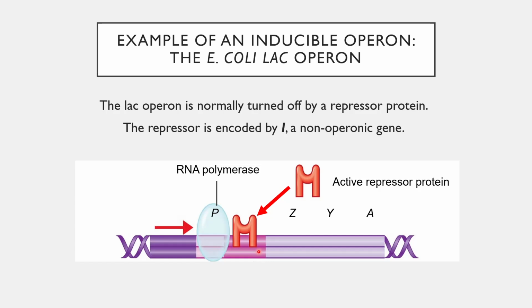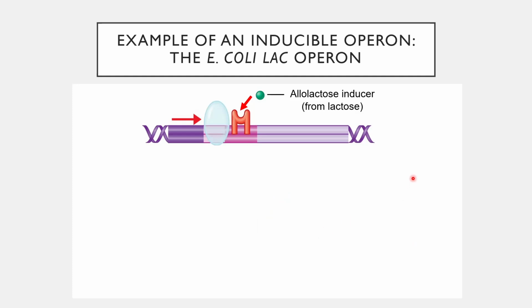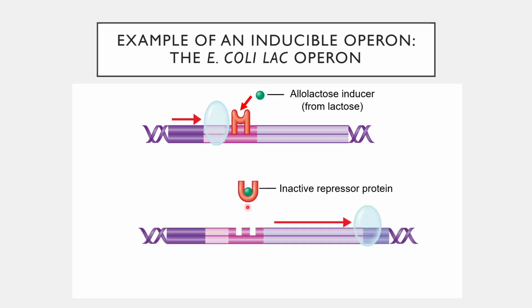So here's what has to happen in order for Z, Y, and A to actually be transcribed and expressed. When lactose is present in the cell's environment, then a derivative of lactose called allolactose diffuses into the interior of the cell, and it physically attaches itself to the protein which is blocking the operator region, thereby changing its shape and causing it to pop off of the operator.